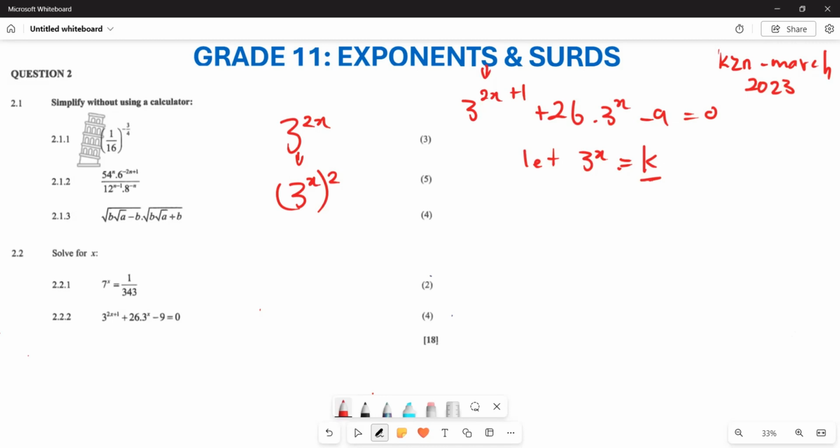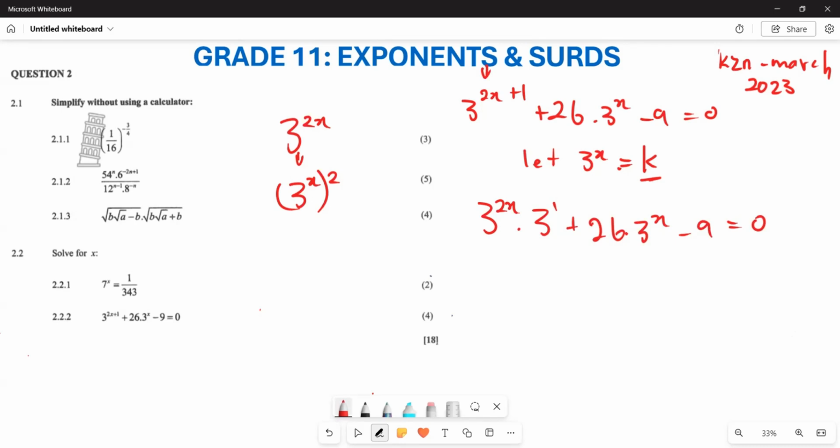Okay, so which means what is it that you are going to have here? Remember, we can break this. It's still the same as 3 to the power of 2x, multiplied by 3 to the power of 1, plus 26 multiplied by 3 to the power of x, subtract 9 is equal to 0, right? Where there is 3 to the power of x, you're going to write the k.